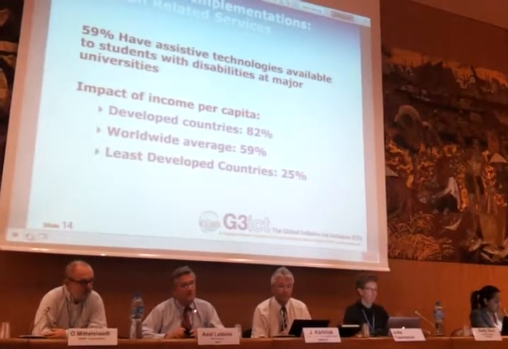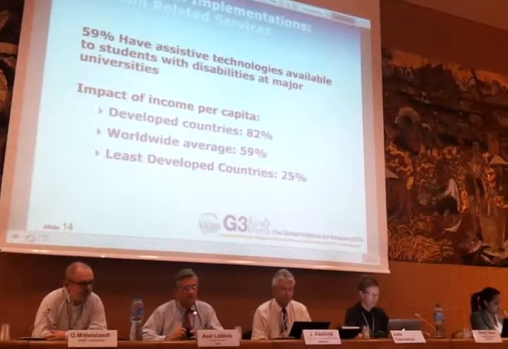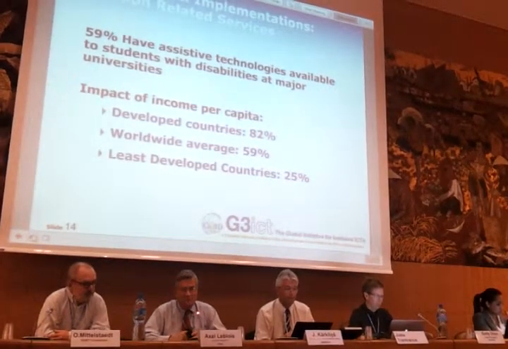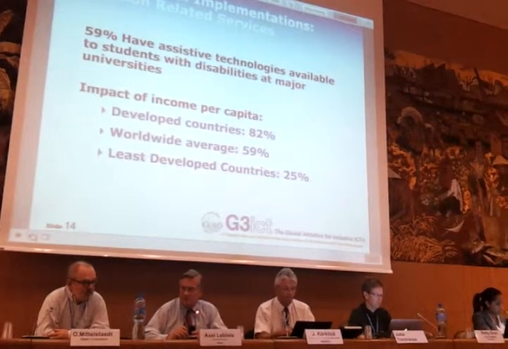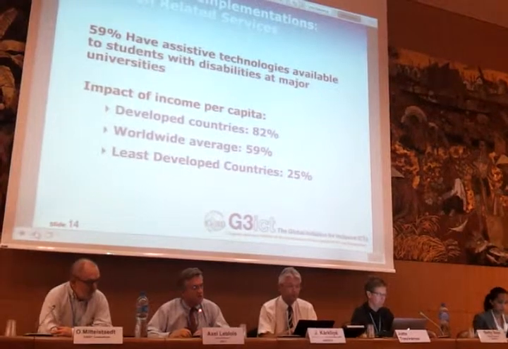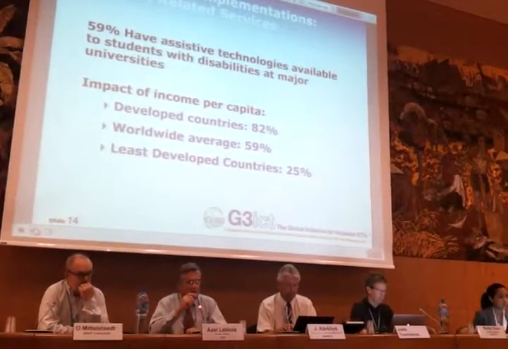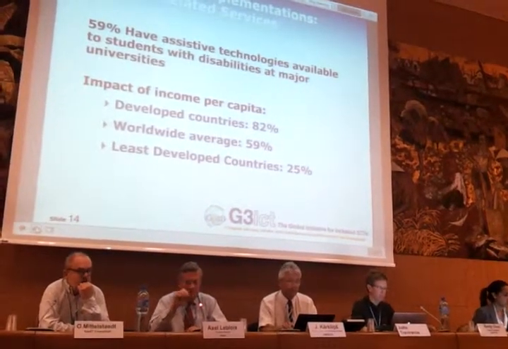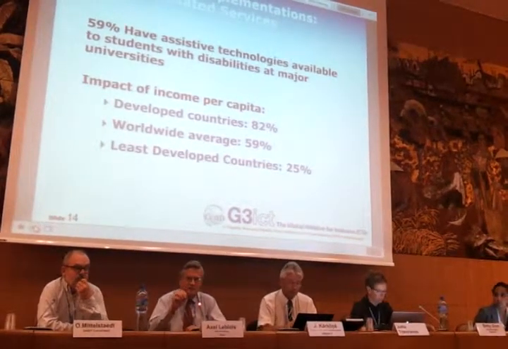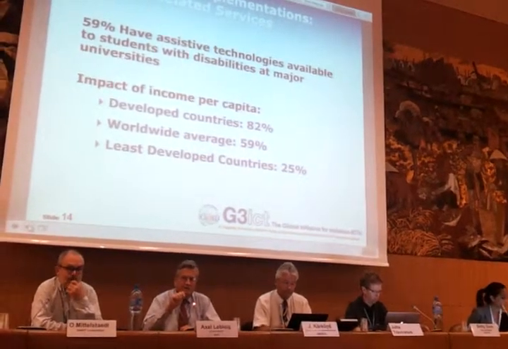But broken down by income per capita, it's 82% in developed countries and 25% in least developed countries. So there is a clear relationship between income per capita and availability of assistive technologies, which may or may not be strictly linked to the cost of the hardware or the software, although it is certainly a factor.